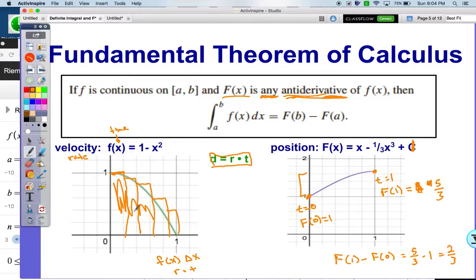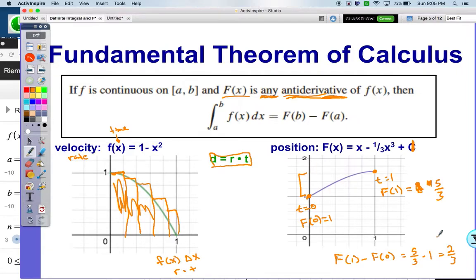So instead of finding the actual area under the curve by doing a whole bunch of rectangles, we can think of the function as a velocity function, find the position function, plug in our endpoints, and that tells you the distance traveled.